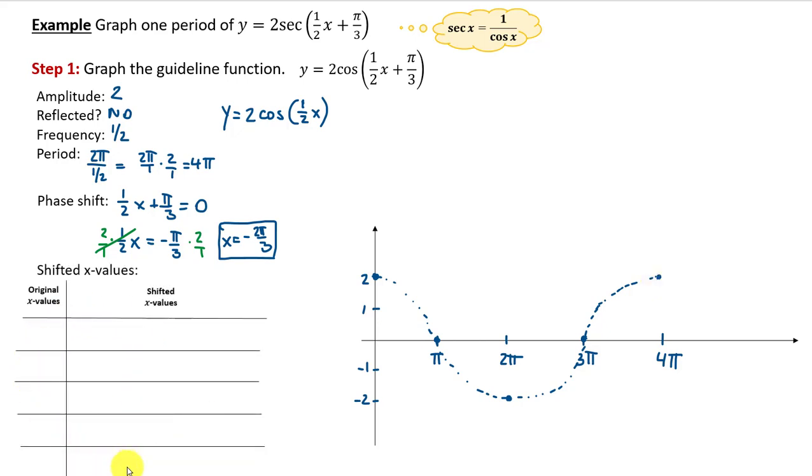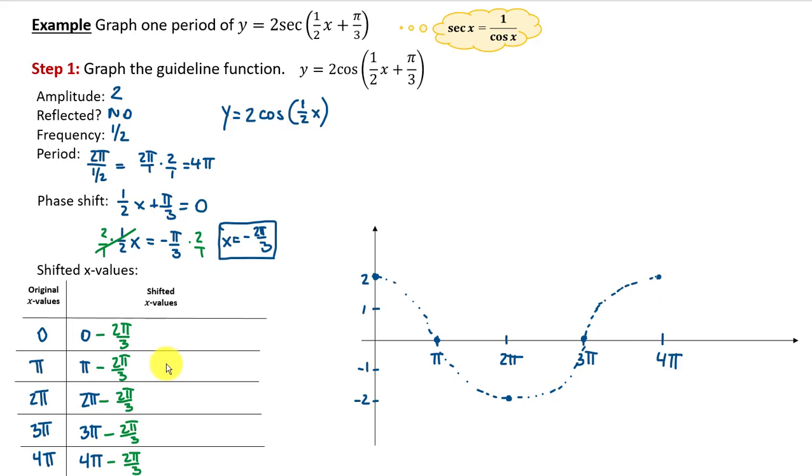I'm going to use this table to compute the shifted x values. By the way, if you need more practice or you need to refresh this process, be sure to watch videos on graphing the sine and cosine functions using horizontal translation. Okay, back to my table. In the first column, I listed the x values where the key points of this cosine graph are right now.